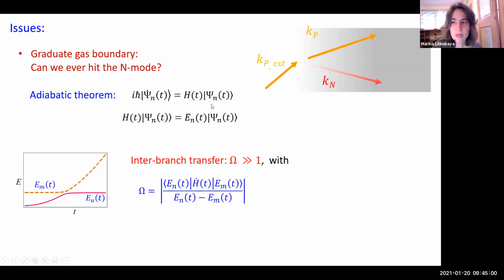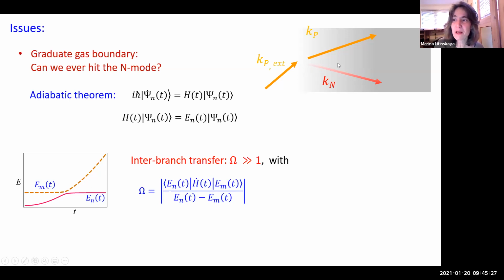If you have a time-dependent Hamiltonian and you have these instantaneous energies as a function of time, and if your evolution is slow, that's what we know from the adiabatic theorem, then you will always stay within one and the same mode and will never jump to a different branch, right? If your evolution is slow.